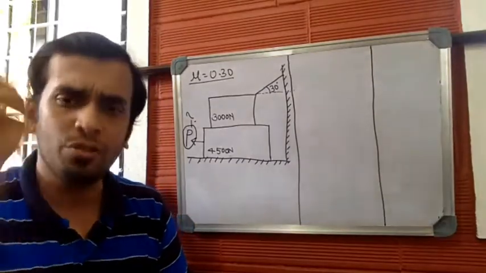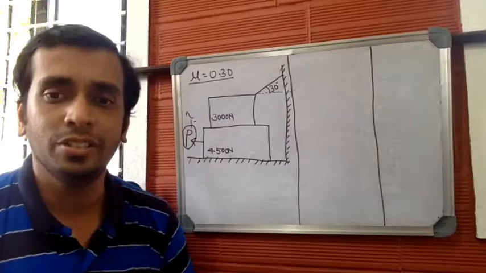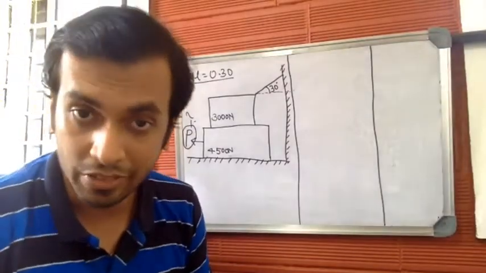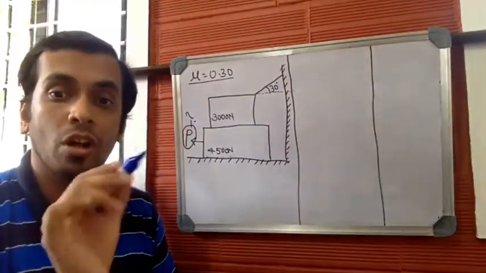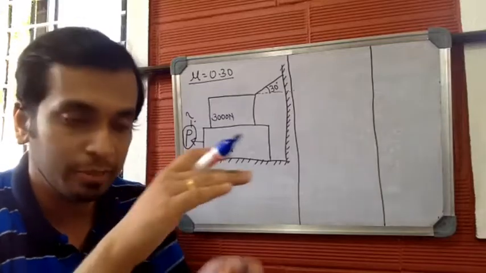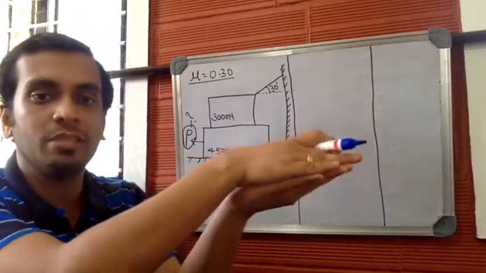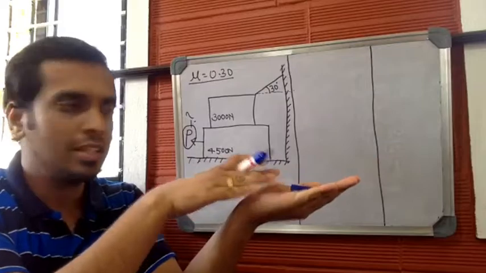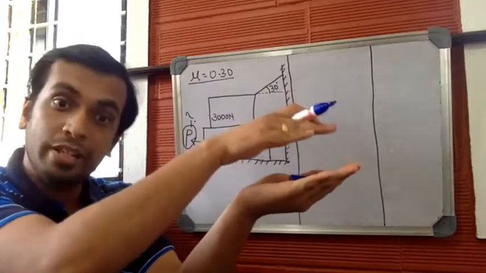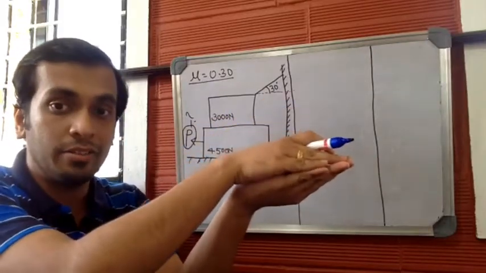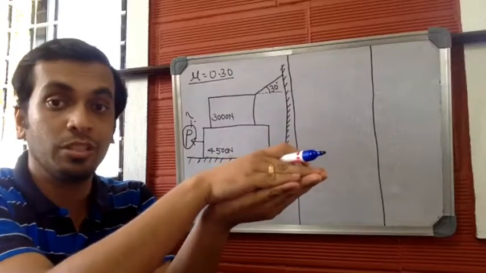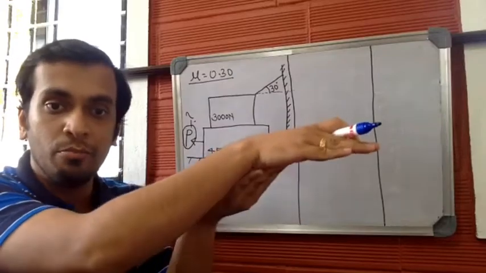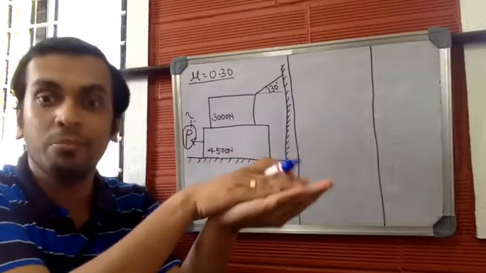So whenever you have two bodies which are in contact with each other, you have to draw an imaginary surface between both the bodies, because there is a movement between both the bodies. Here the upper body will be stationary because it is tied with the help of a string to the vertical surface, whereas the lower body moves, is it not? So there is a friction between the bodies.